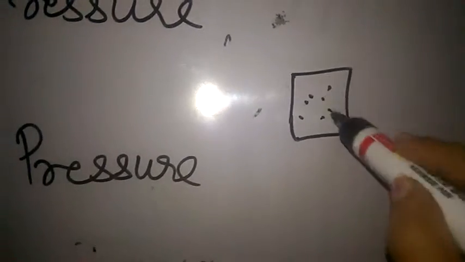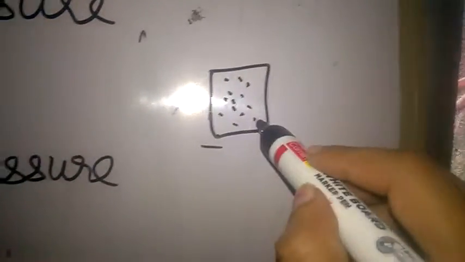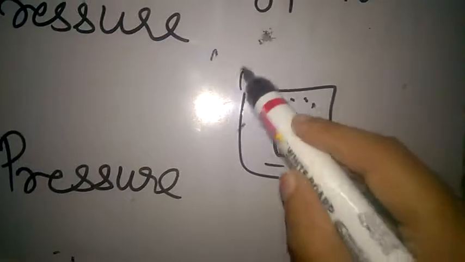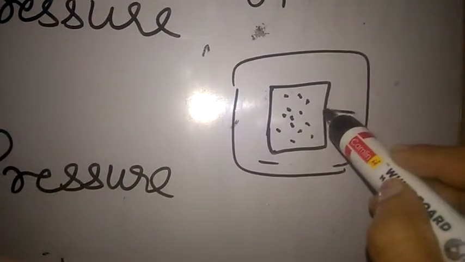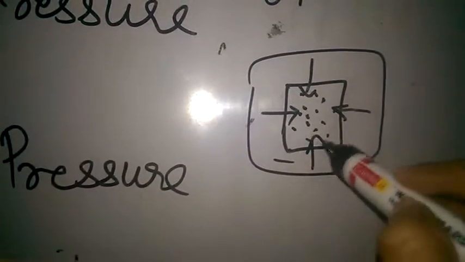Now for example, this is a plant cell. The solute concentration, that is the solution inside the plant cell, is hypertonic, that is concentration of solute is very high. So what will happen? Water from the outside environment is going to enter the plant cell.